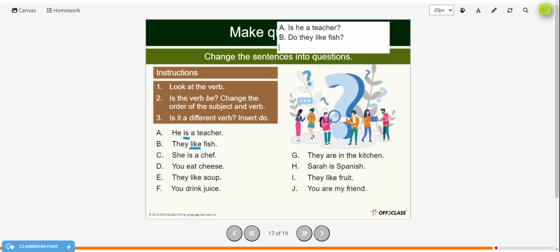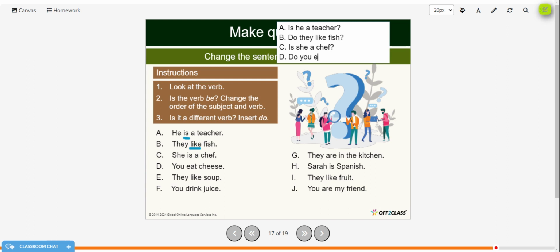All right, welcome back. Letter C should be, is she a chef? Because is a form of the verb to be, so we're changing the order. Letter D, you eat cheese. So eat is the verb. It's not a form of the verb to be, so we're going to add do.